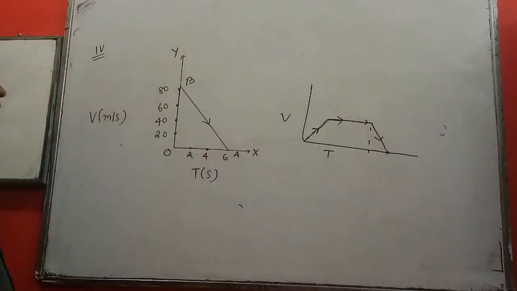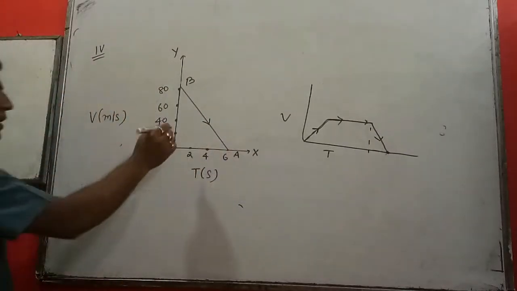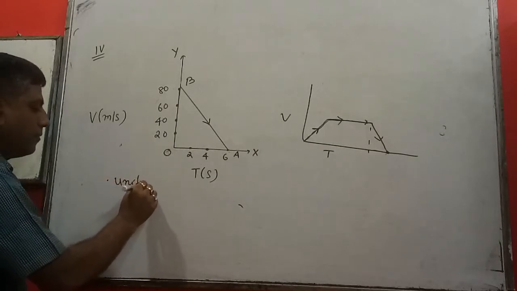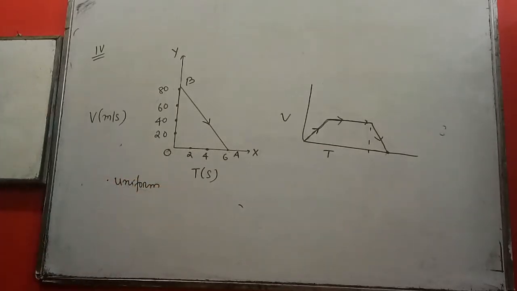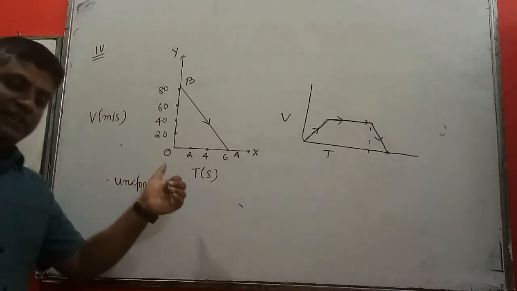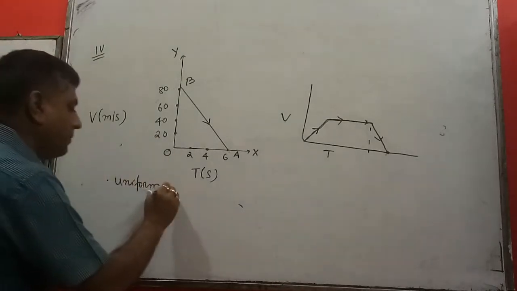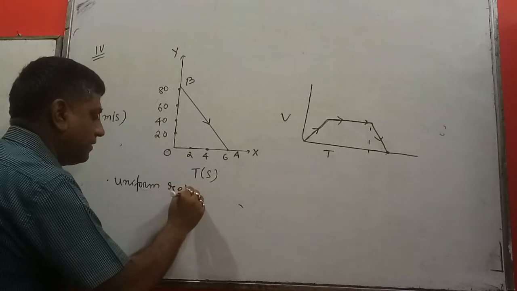See this one. This one is what? Uniform acceleration. Is it positive or negative? Negative acceleration. Uniform acceleration but negative acceleration. But better to say uniform retardation.